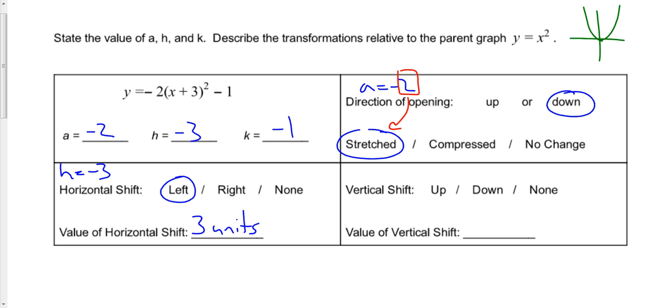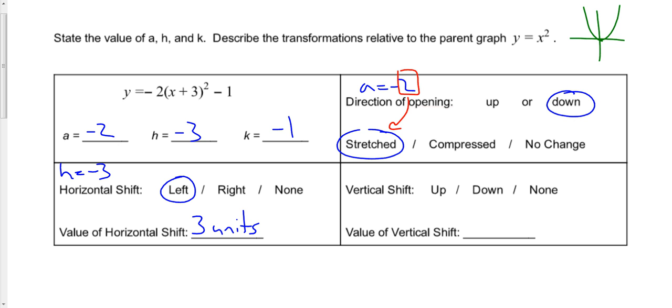If the H value were positive, then it would be shifted to the right. And if the H value was equal to 0, there would be no horizontal shift at all.